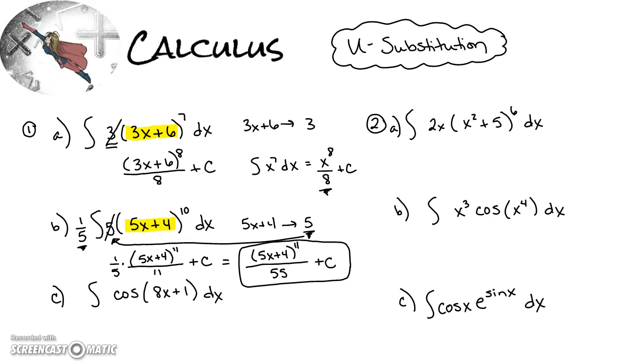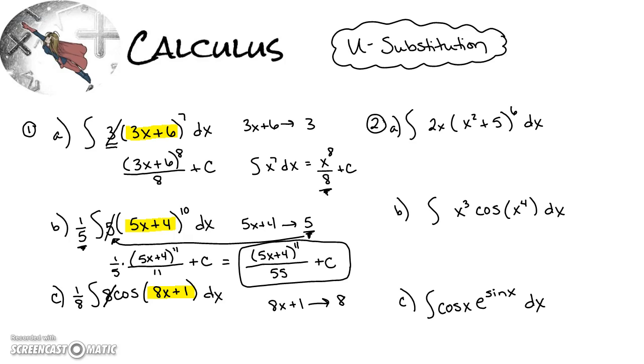So now in letter C, the inside function is 8x plus 1. If I just jot down 8x plus 1 to the side here, its derivative is 8. And I notice there's no 8 sitting in the problem, so I need to put an 8 in there. And on the outside, I put a 1/8 to balance it out.